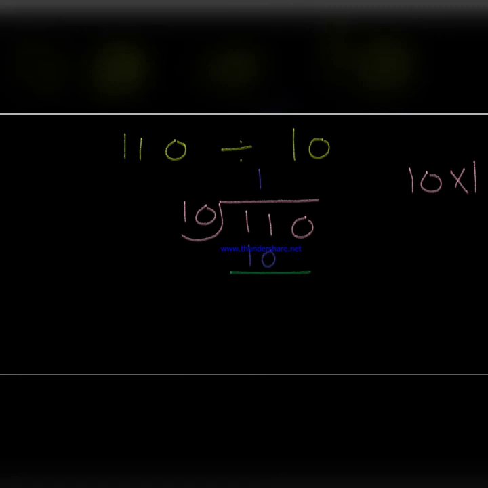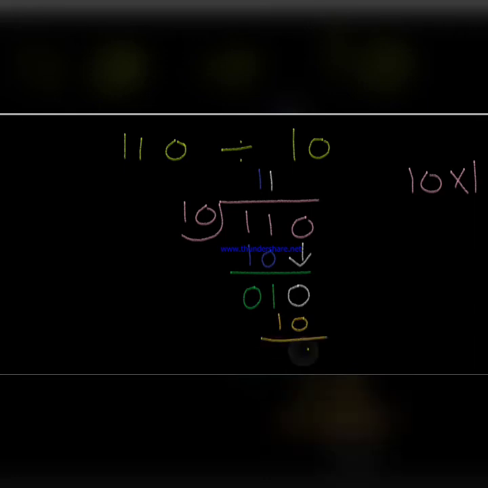Now let's subtract it. 1 minus 0 is 1 and 1 minus 1 is 0. So let's bring the next digit down. As you can see, my divisor matches the answer. So 1 multiply 10 will be 10. So here it becomes 0, 0, which is your remainder.